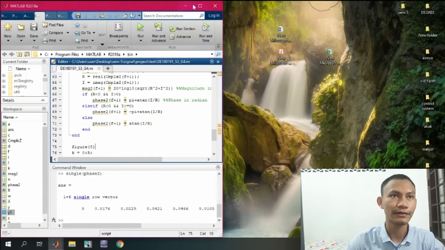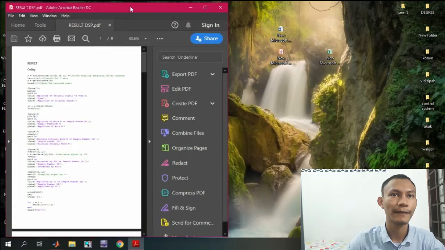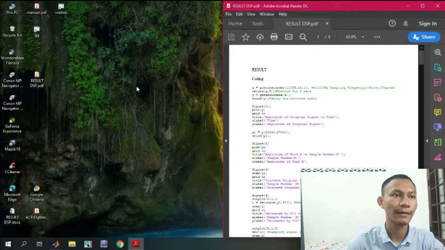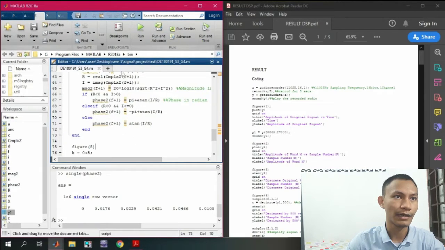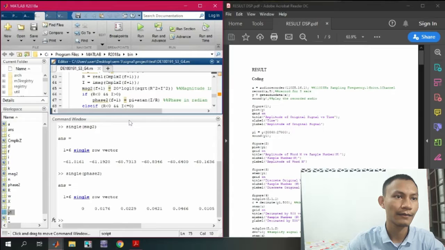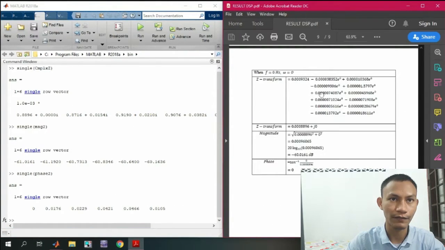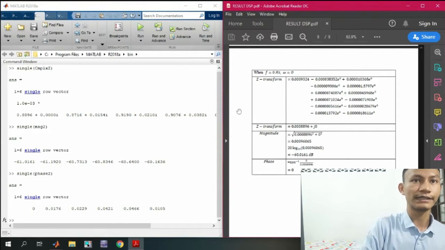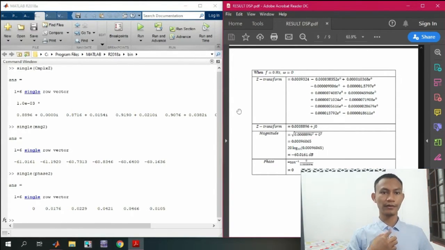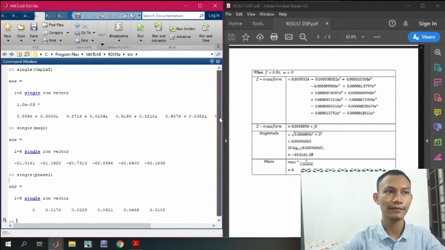Wait, this DSP handy for the MATLAB. So we can compare the magnitude and phase. I'm just proving one sample only, and all are totally the same.